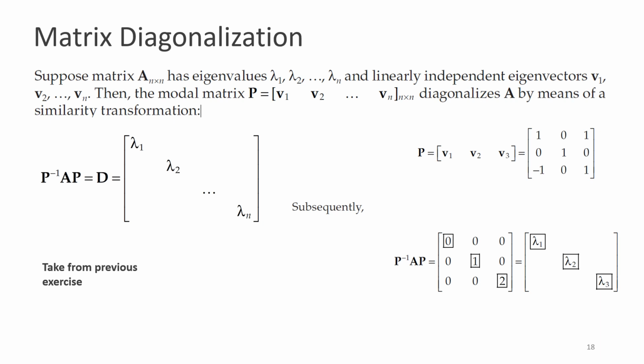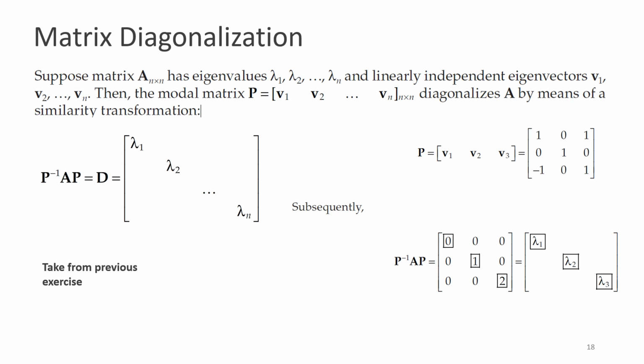Next, matrix diagonalization is a process that transforms a matrix into a diagonal matrix. If you want to transform a matrix to a diagonal matrix, all of its diagonal entries will be equal to the eigenvalues of it.